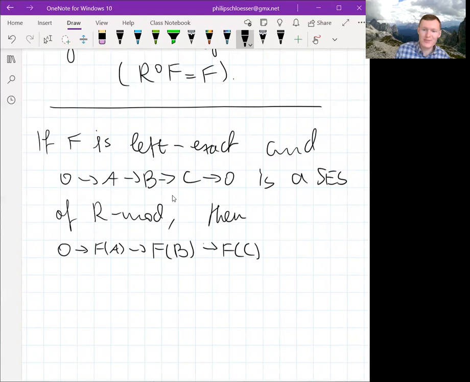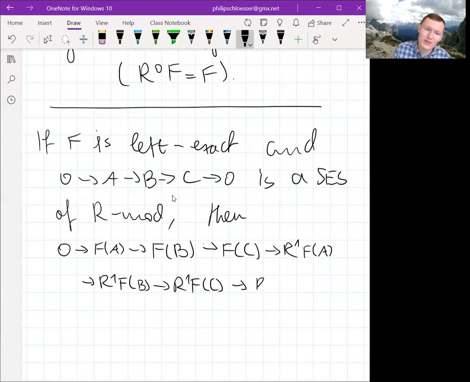So the long exact sequence does exactly that. It says, okay, we have here the 0th cohomology groups, the right derivatives, and then the long exact sequence says we take the first cohomology groups, R^1FB to R^1FC to R^2FA, and so on.